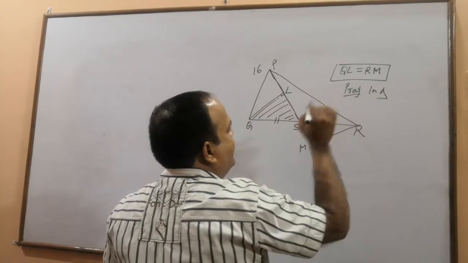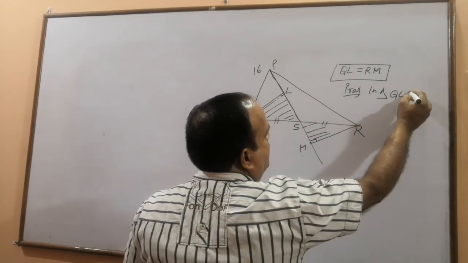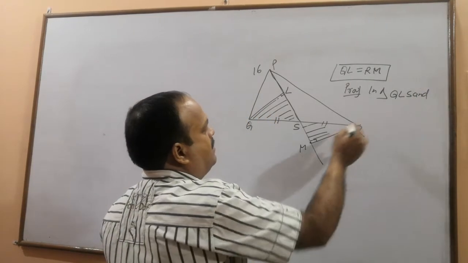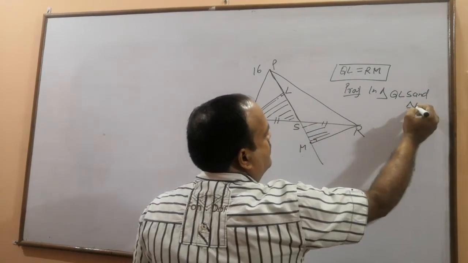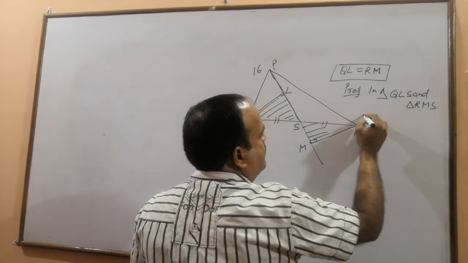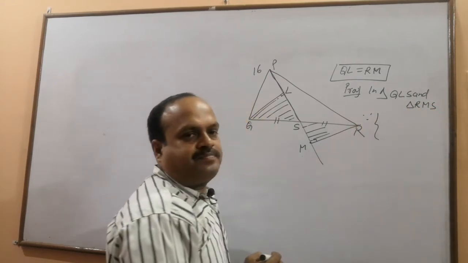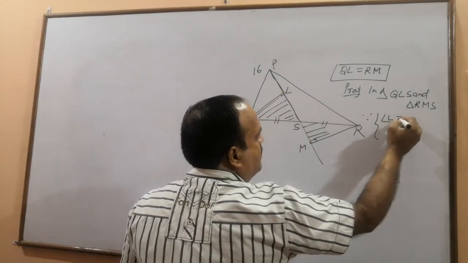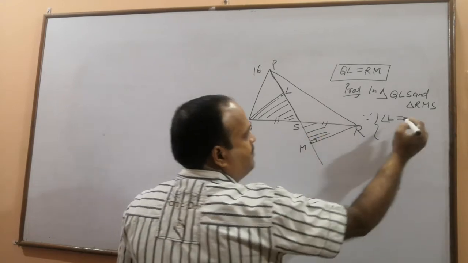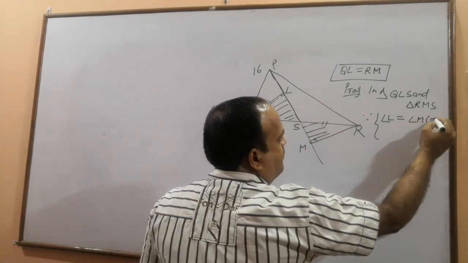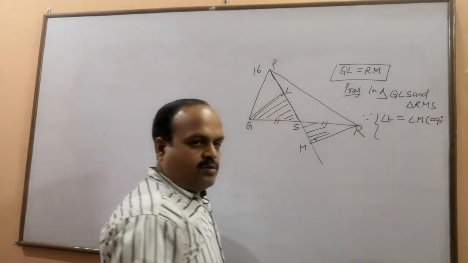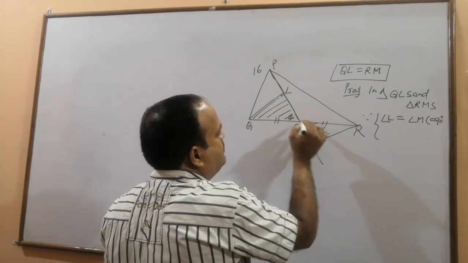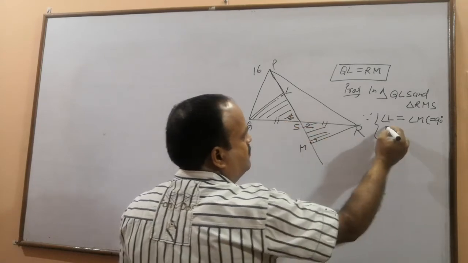In triangle QLS and triangle RMS, since angle L equals to angle M, 90 degree. Question says, write here 1, here 2.